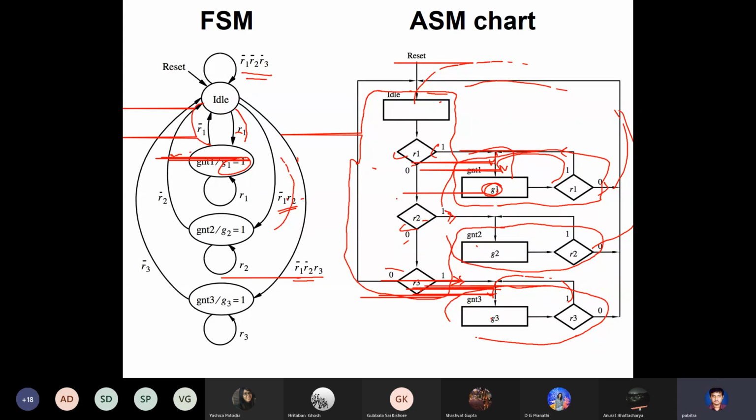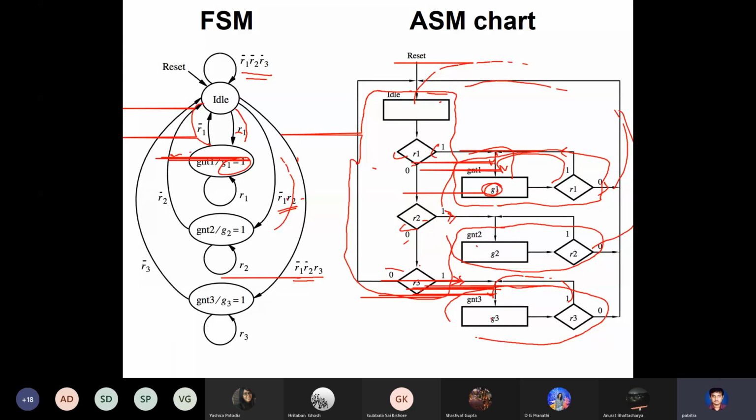And this ASM chart is further converted, no need to go back to FSM, directly to Verilog. You can write a Verilog program very easily out of it. And then the Verilog is transferred to lower levels, register transfer level and further down levels till the geometry.